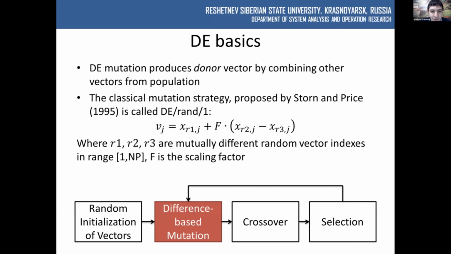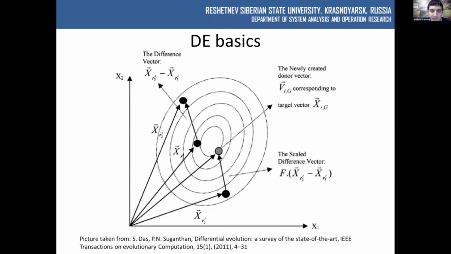Next, this is the key part, difference-based mutation. We take one vector randomly and add a scaled difference of two other randomly chosen vectors. And that's it. We have a parameter here, the scaling factor F. We will talk about it a little bit later. So let's first look into how we can draw this.